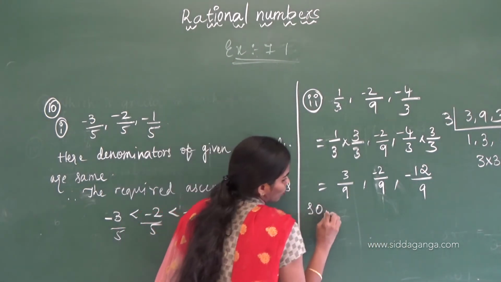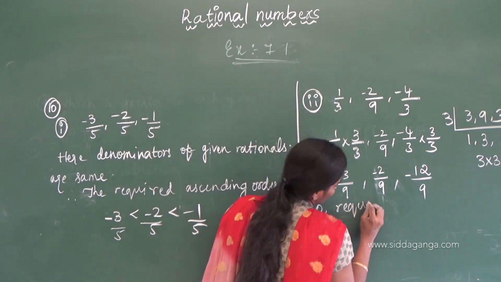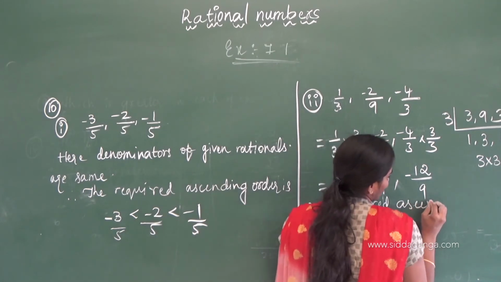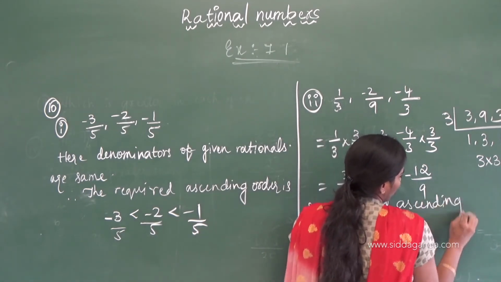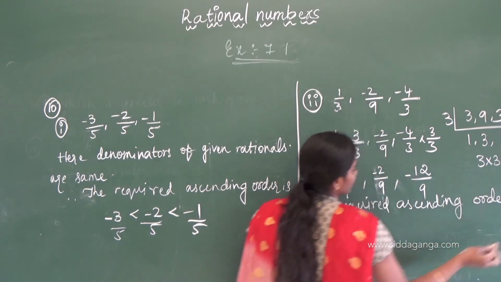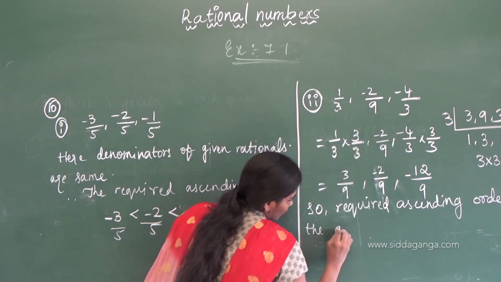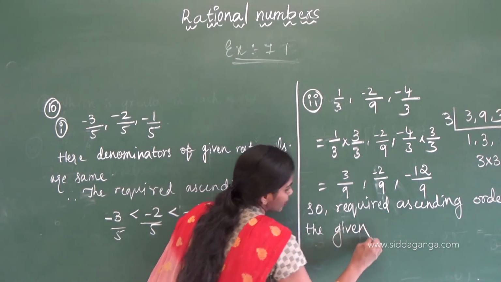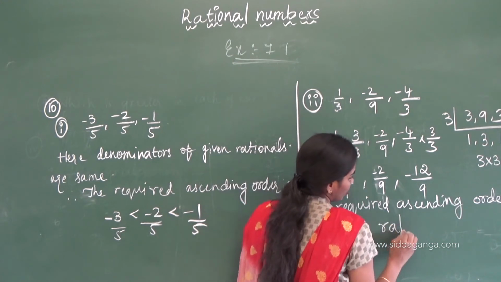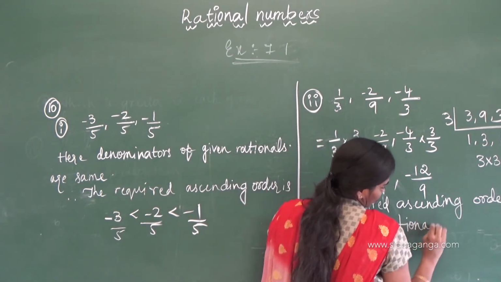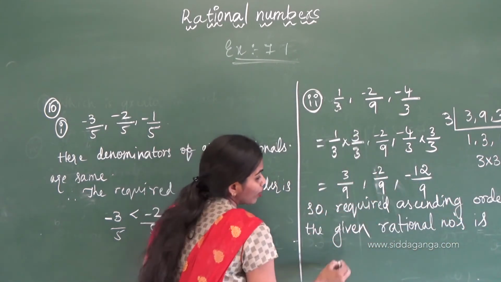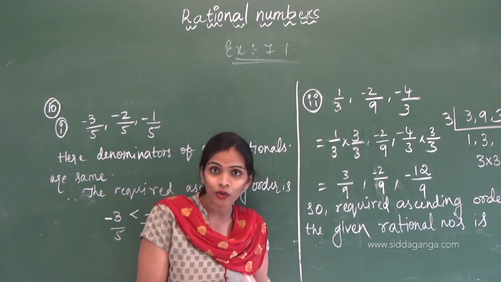So the required ascending order for the given rational numbers is: first we write this one because it has the negative sign.